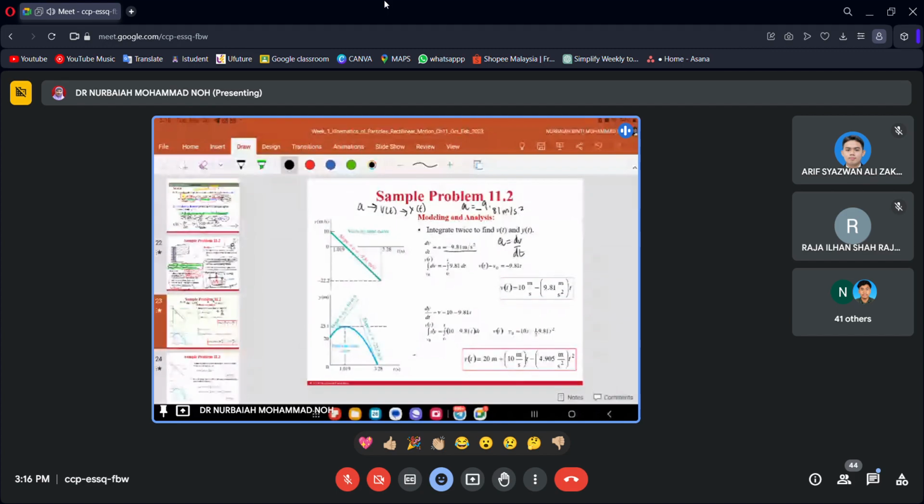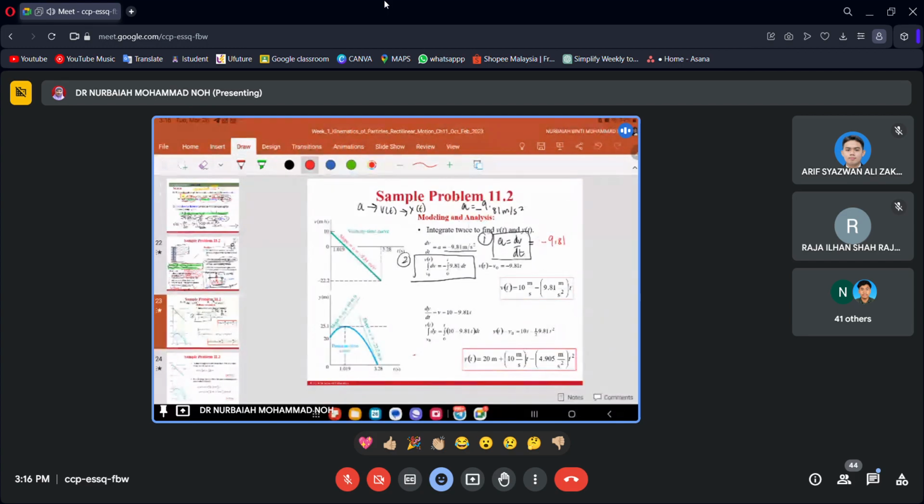Before we can conduct the integration, you must go through this process first. First, define the kinematic relationship that can be used for this problem. Next, we rearrange it until we can do the integrations. So here we have dv over dt equal to negative 9.81.